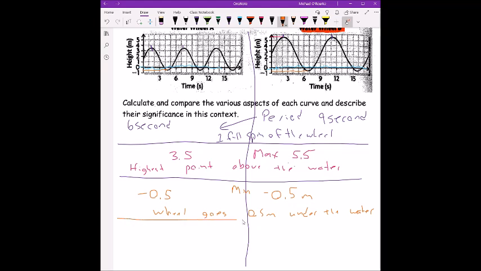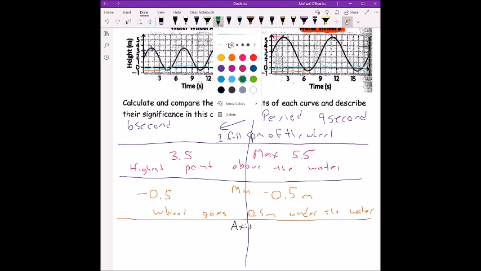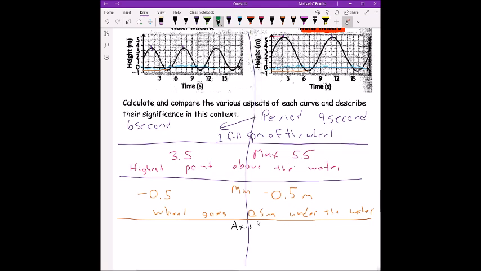Now, what should we do next? The axis of a curve? Let's do our axis of a curve. Now on my side, what color? Let's use green now. It's max plus min.